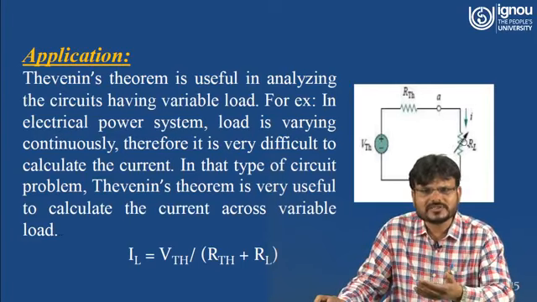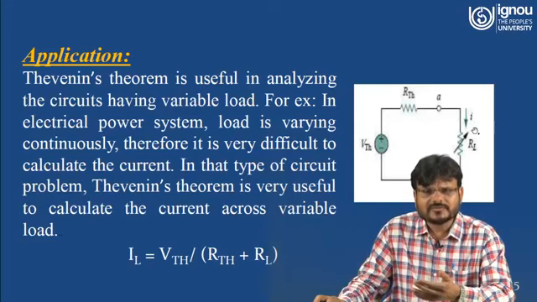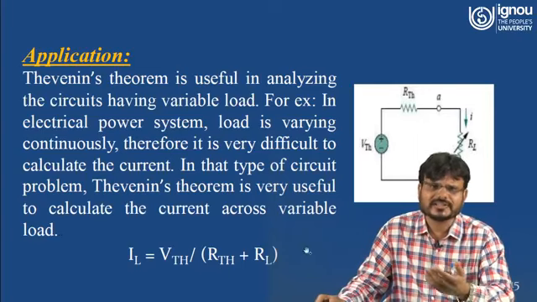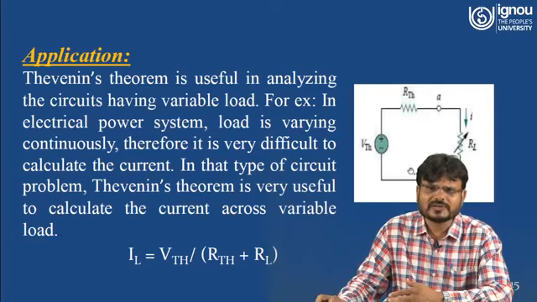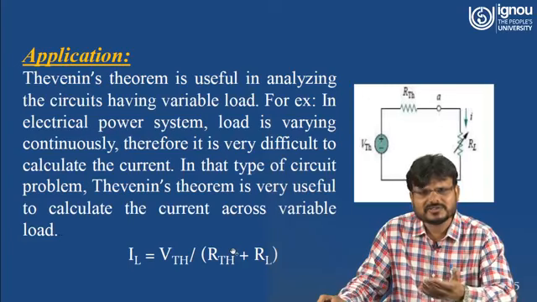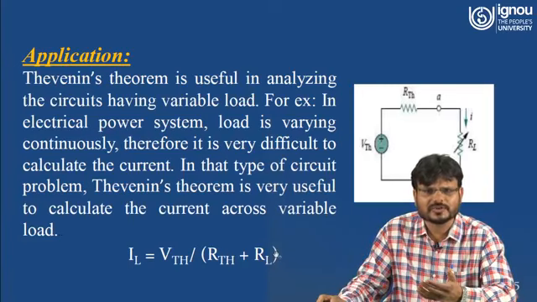The beauty of the Thevenin theorem is, if you want to calculate the load current for a variable load resistance, you just have to find the value of the Thevenin voltage and Thevenin resistance, and then change only the load resistance. Suppose you have to calculate the current IL at a resistance equal to 5 ohm. The value of the Thevenin voltage and Thevenin resistance will always be the same. What you are going to change is the load resistance.